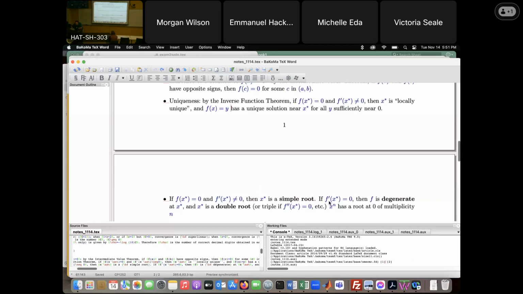Whereas if the derivative at the root is also 0, then we say that f is degenerate at that point, and x star is a double root. Or if the second derivative is also 0, it's a triple root. So it's a root with multiplicity greater than 1.